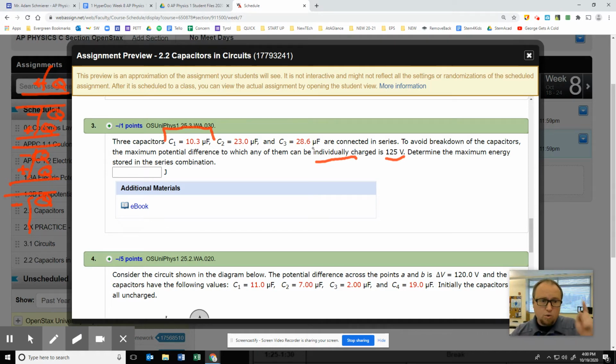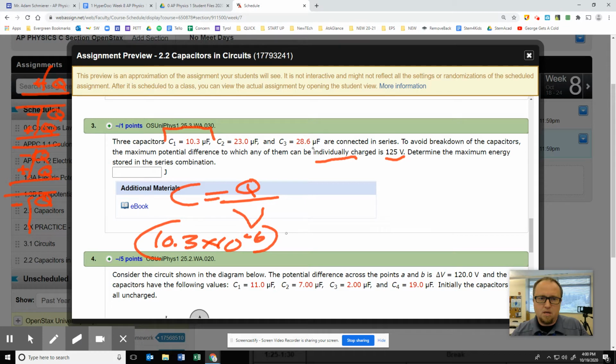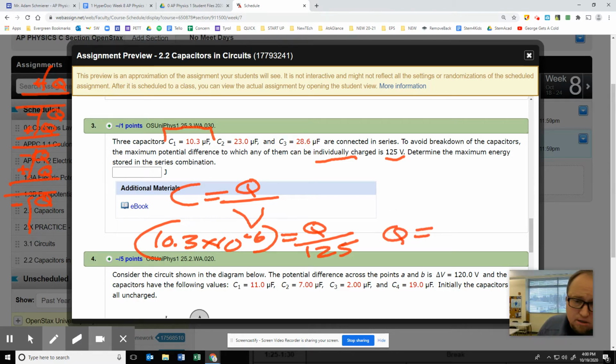So we're going to use that. C is Q over V. So this C is 10.3 microfarads equals Q over V. Because if I apply 125 volts to that capacitor, that's the maximum amount of charge I could have. So I solve that out and I get Q is, let's get a number to work with.